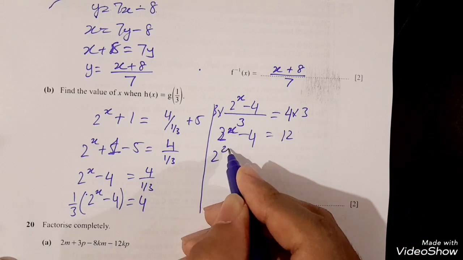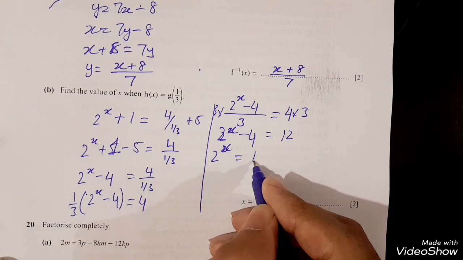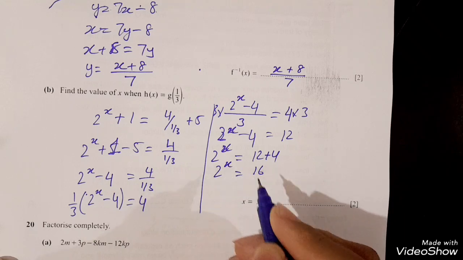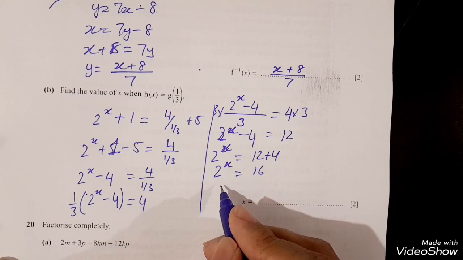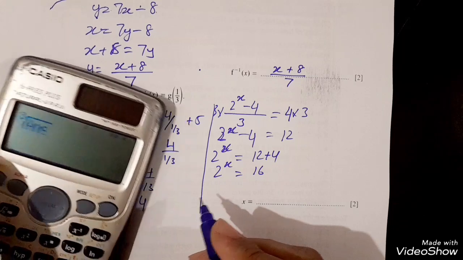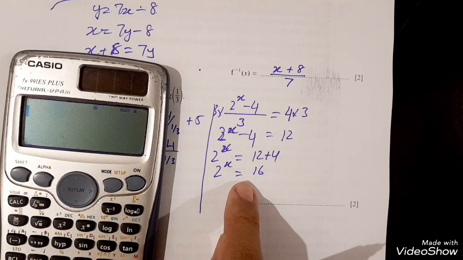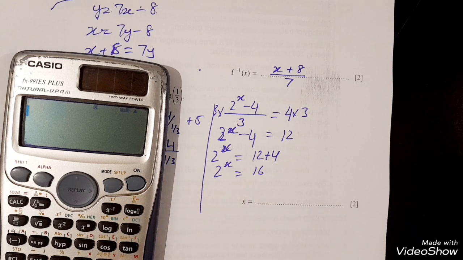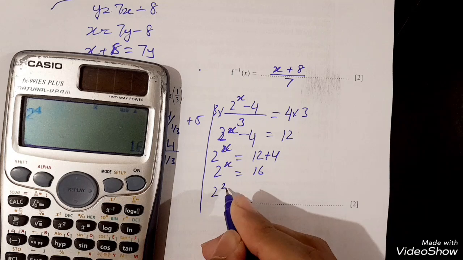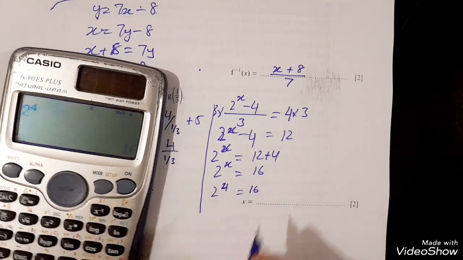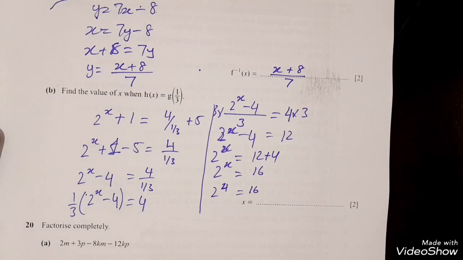Then 2x is equal to 12 plus 4, which will be 16. So for the value of x, we will write 2 to the power of 4. So this will be 2 to the power of 4 is equal to 16. So the value of x is 4.